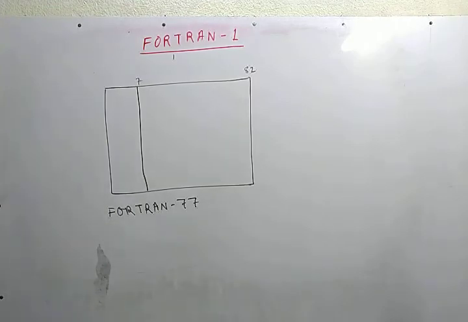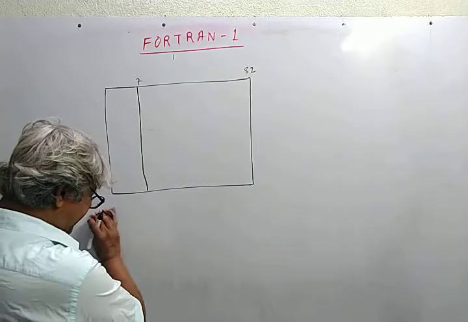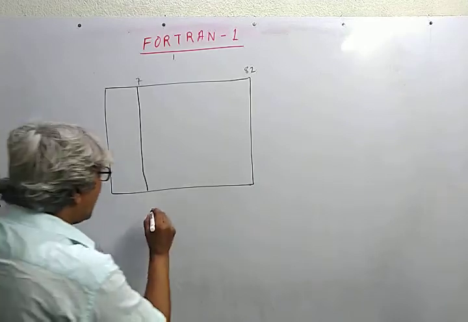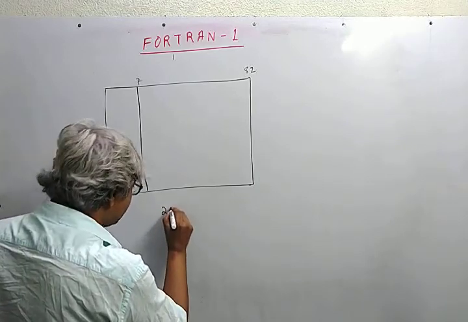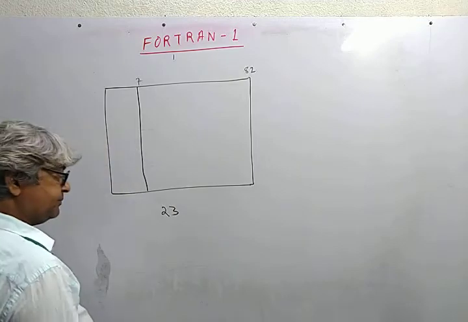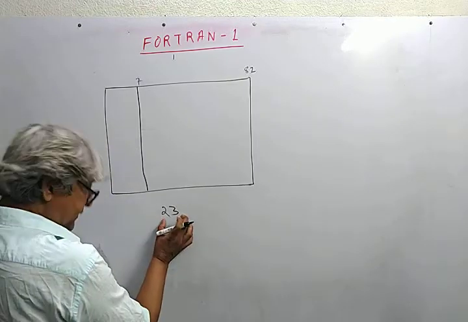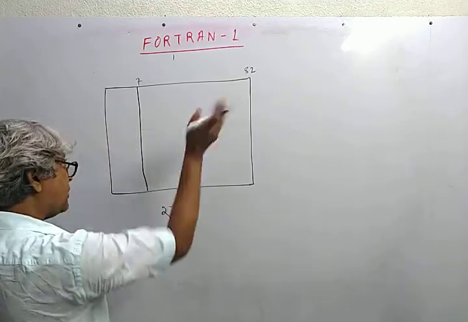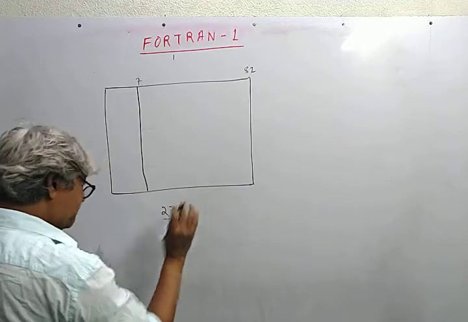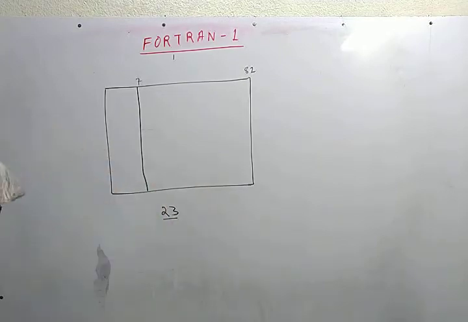First thing is how to write numerals. Numerals are very easy. If you want to write 23, it is simply 2 and 3. You write it in decimal, and the compiler will convert it into the corresponding binary.